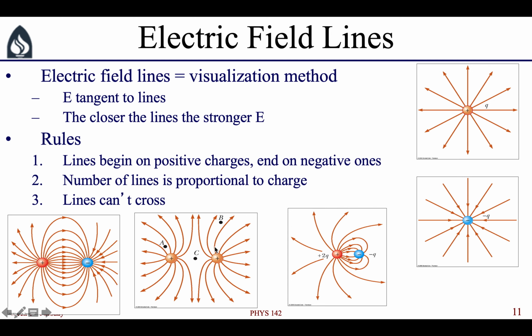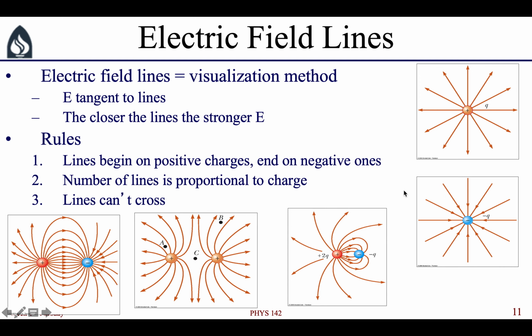So here the electric field would be shooting off like this, here it would be like this. It's always tangent to these lines. The closer together the lines are, the stronger the electric field is. So if we look at this diagram here, we can see the electric field lines get closer together as we approach the charges, indicating that the electric field is stronger.